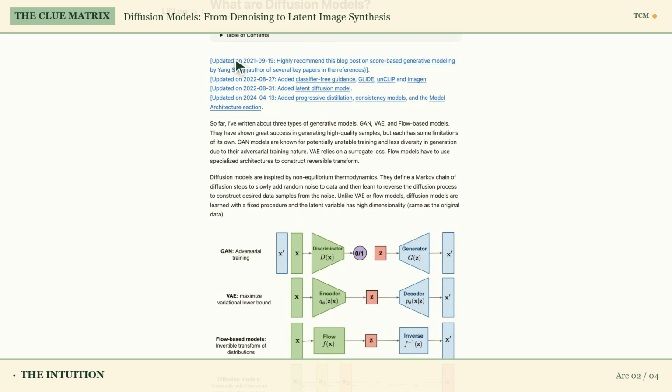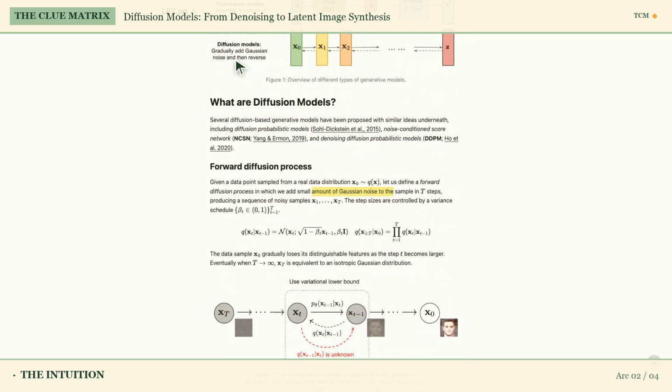The beta t values are part of a variance schedule that dictates how much noise is added at each step. So x0 is our clear image, and then x1 is slightly noisy, x2 noisier, until xt is essentially pure noise, and that formula ensures the noise addition is controlled?